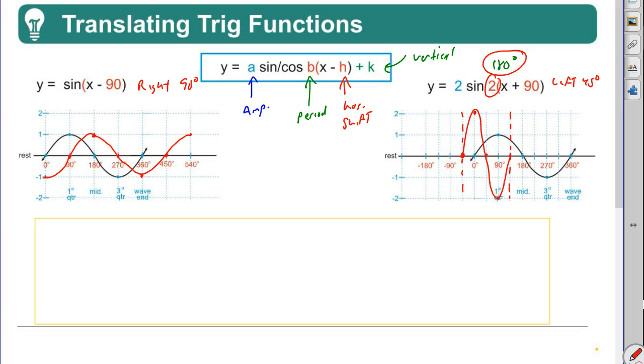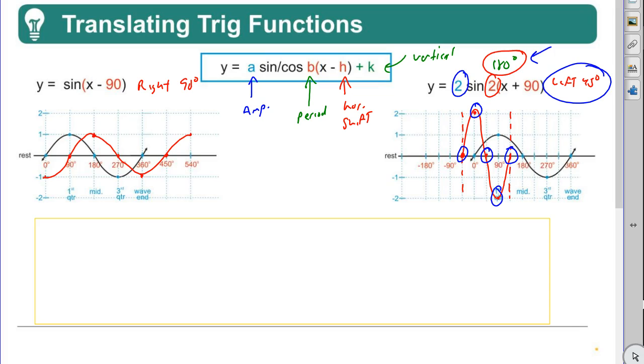So again, I used the idea of where to start, left 45. I knew the wave was a 180 degree period, so I went from negative 45 to 135. I knew the amplitude was 2, so I'm up to 2 and I'm down to negative 2. So first point, rest, max, rest, min, rest, and away you go.